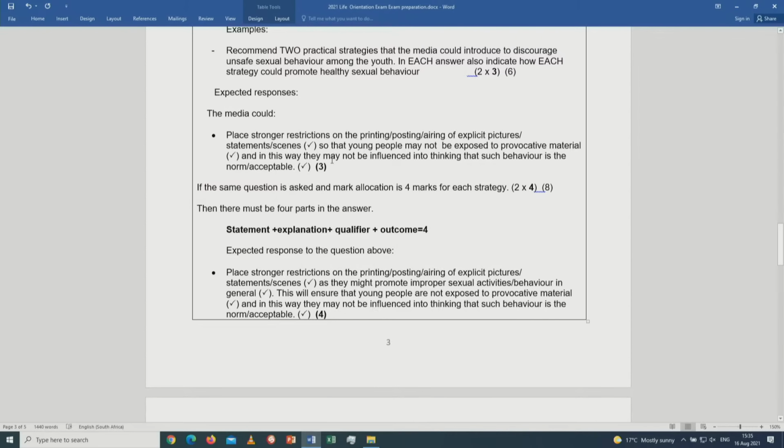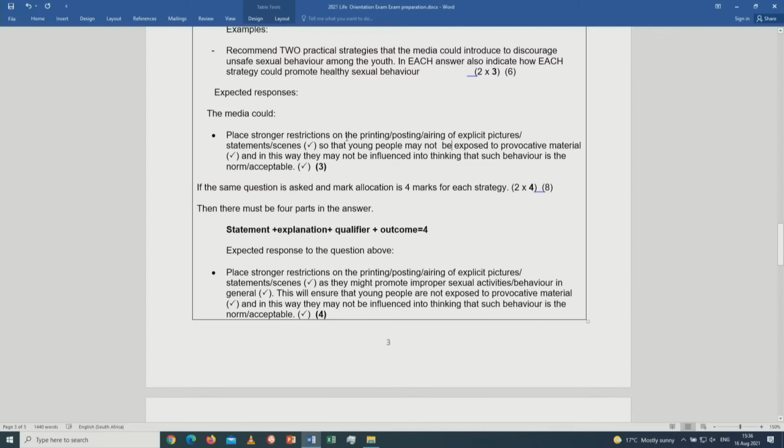Do you understand what's happening there? I have given the statement which is a fact. What is it that can be done? I'm recommending that the media can do to make sure that they discourage unsafe sexual behavior among the youth.